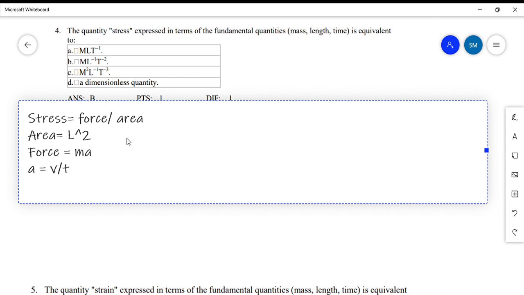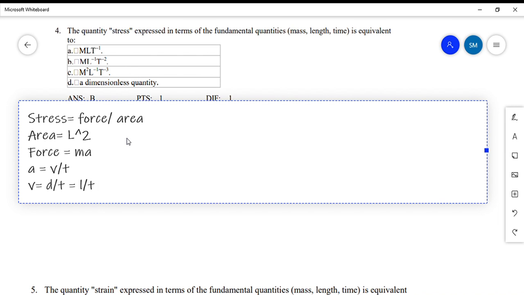So we have to know the dimensional formula for the velocity. Velocity is simply equal to distance over time, d over t. d is a length. It's very simple. So L over T.